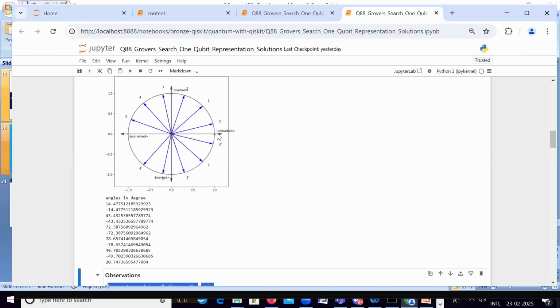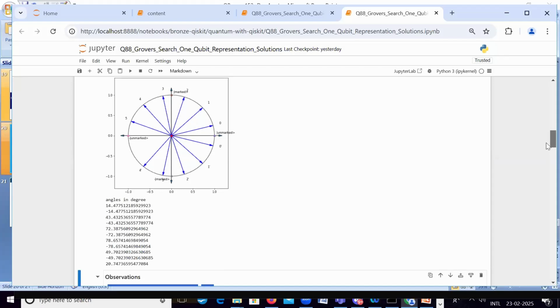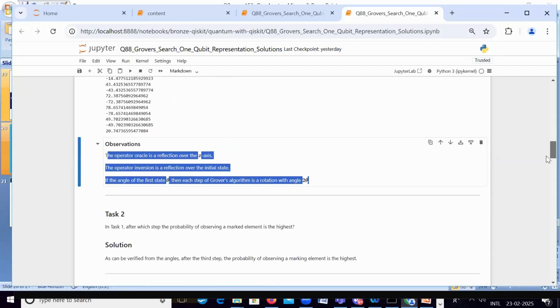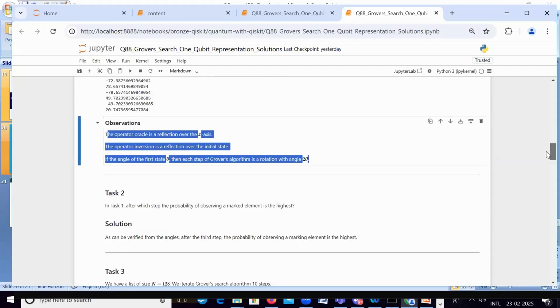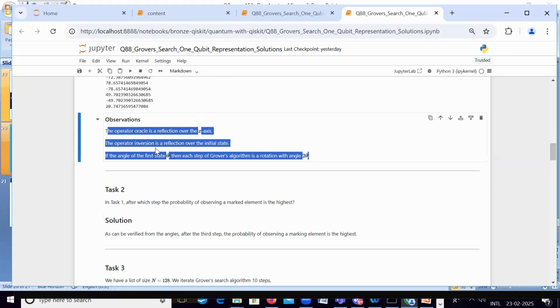This is the x-axis, and all these reflections are drawn over the x-axis. Second, the operator inversion is a reflection over the initial state.